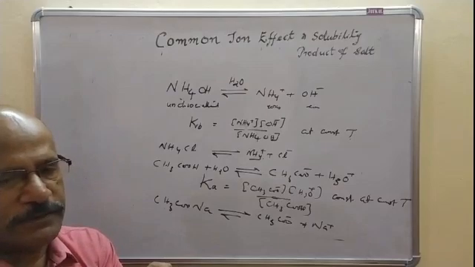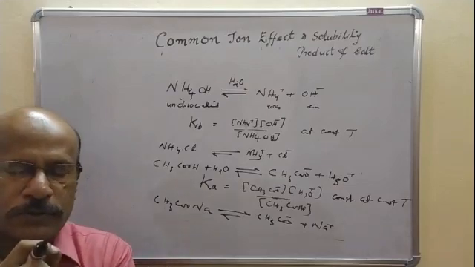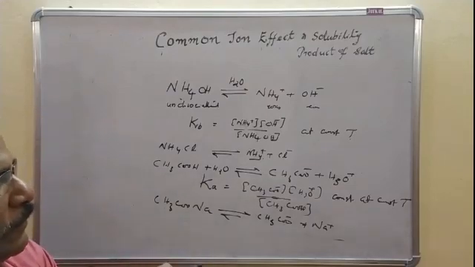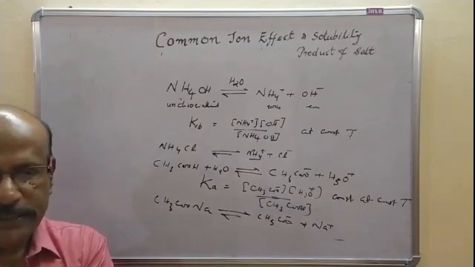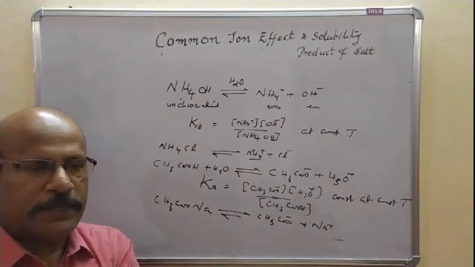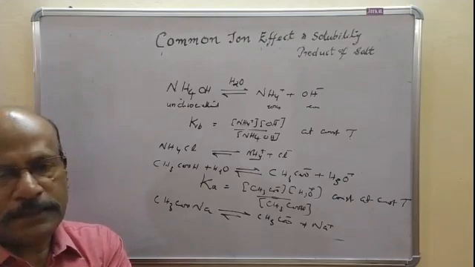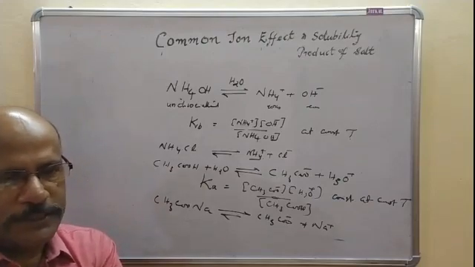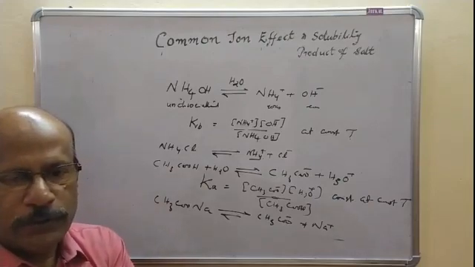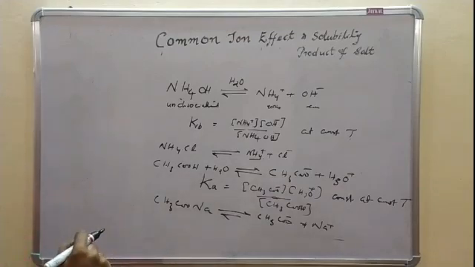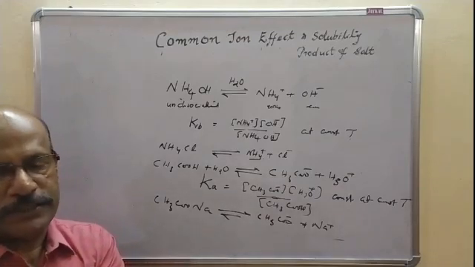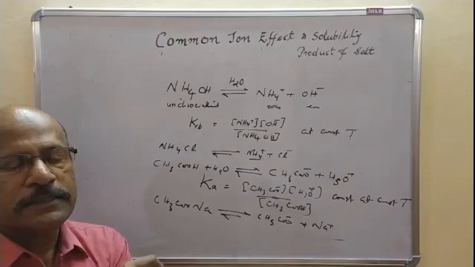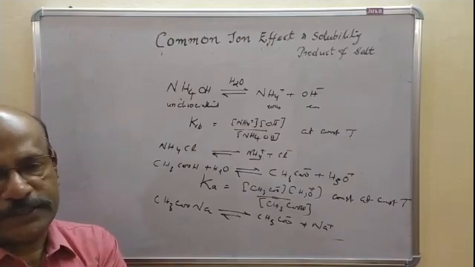That is the definition. The process of the suppression of dissociation of a weak electrolyte in its solution by adding another electrolyte, usually a strong electrolyte, having an ion common to that of the weak electrolyte, is called the common ion effect.